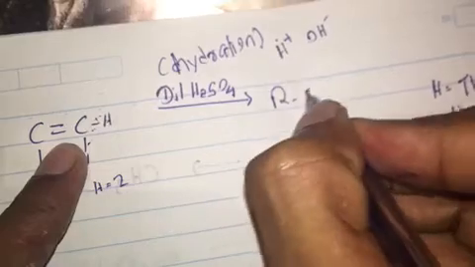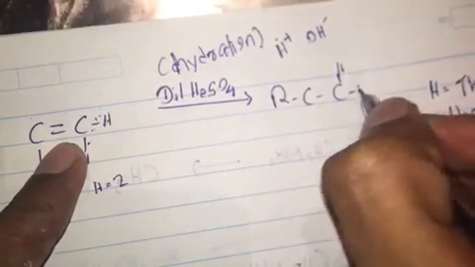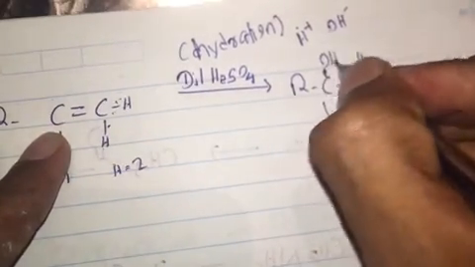In this alkene, this carbon has one hydrogen atom and this carbon has two hydrogen atoms. Therefore, after breaking this pi bond, this carbon has the larger number of hydrogens, so the hydrogen attaches to this carbon. This carbon has the lower number of hydrogens, so OH minus attaches to this one.